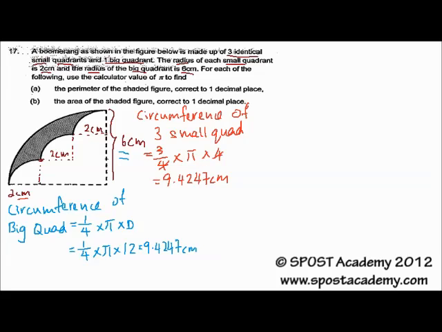In order to find the perimeter, I simply add both numbers together. So perimeter is equal to 9.4247 times 2, and that will give me 18.849. So I need to round it off to 1 decimal place, so my answer will be 18.8 cm. This is for A.